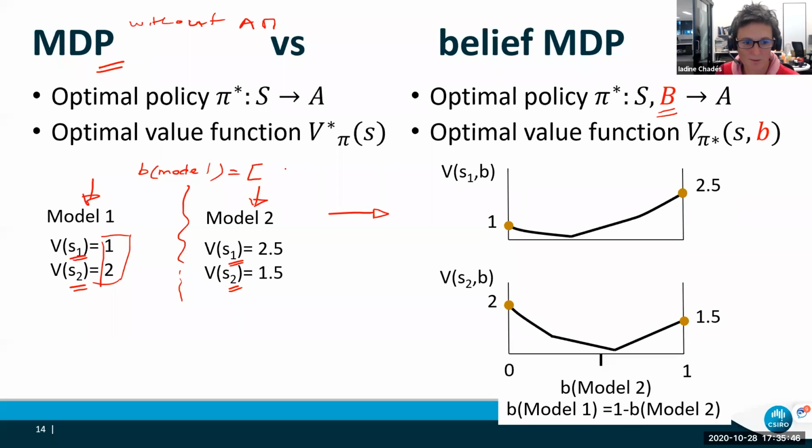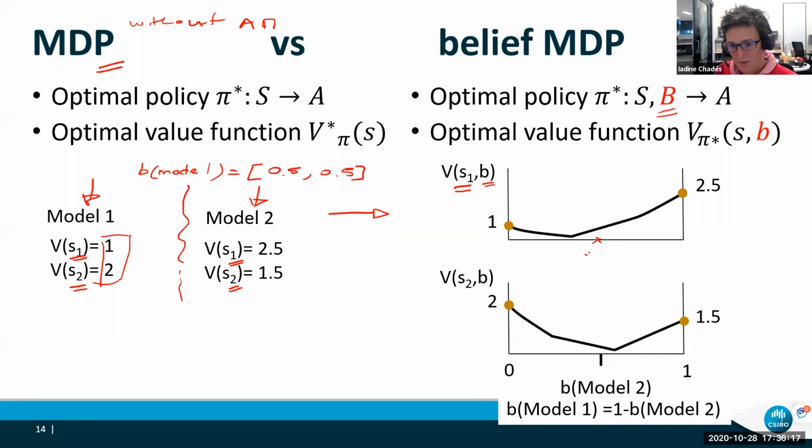We have a probability for each model to be true. For example, if we don't know anything, no prior, we're in the middle, 0.5 here. And so that value function says this is our expected cumulative reward for starting state S1 and for any given belief B.